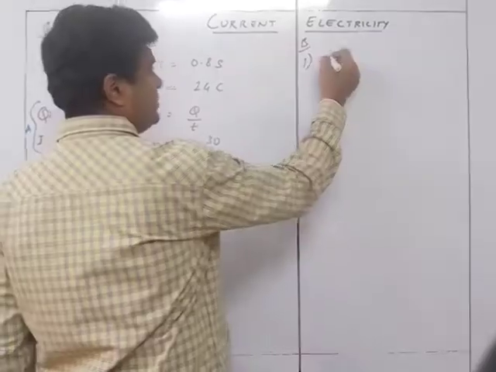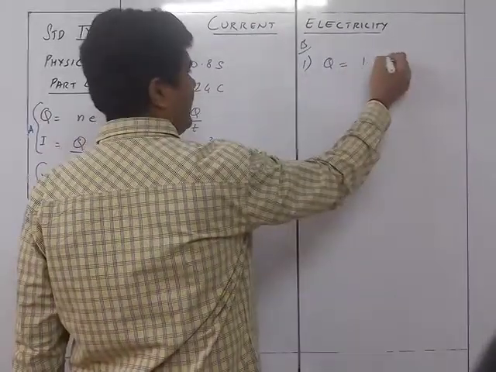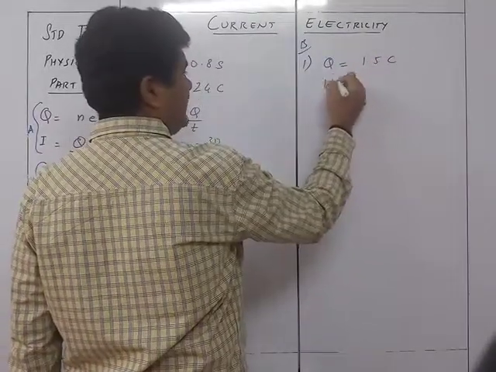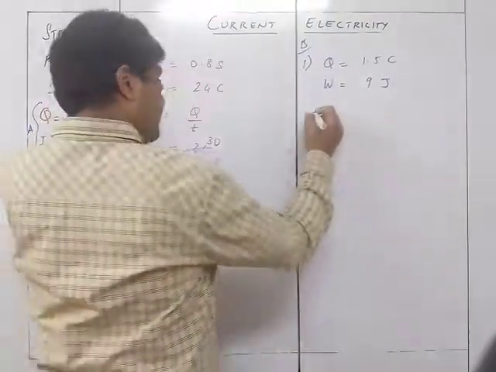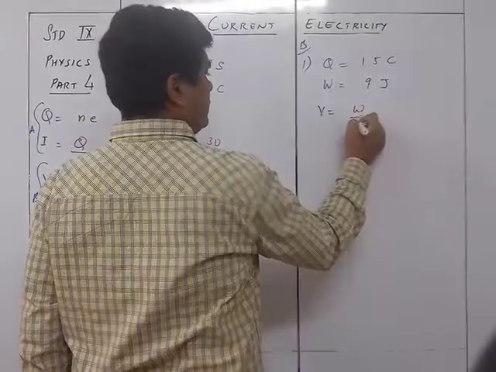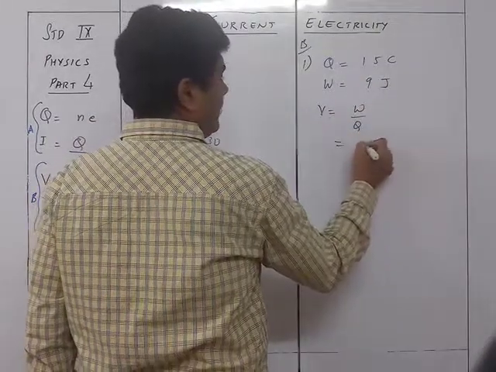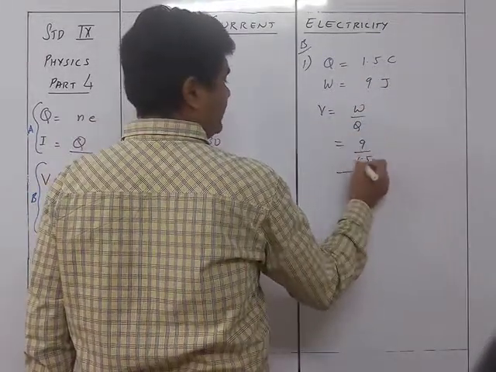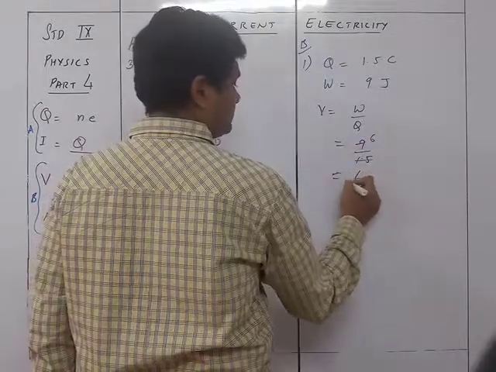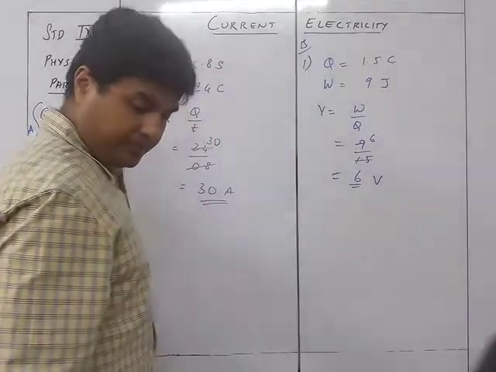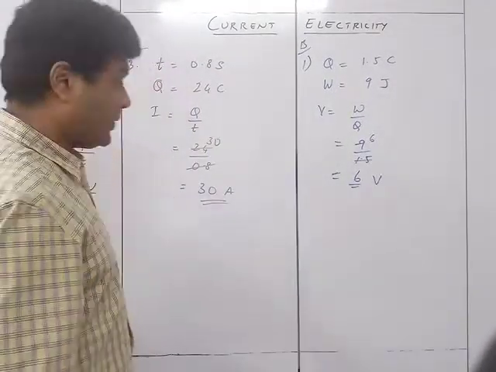So Q = 1.5 coulomb and the work done is 9 joule. We need to find V = W upon Q, that is 9 upon 1.5, which gives you 6. 6 volt is the potential difference of the wire.